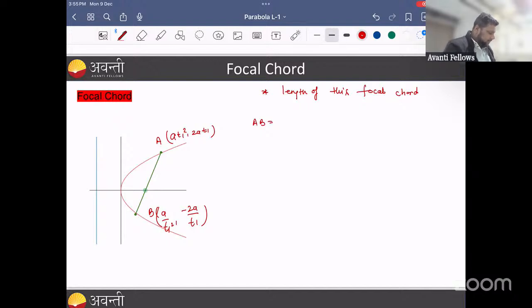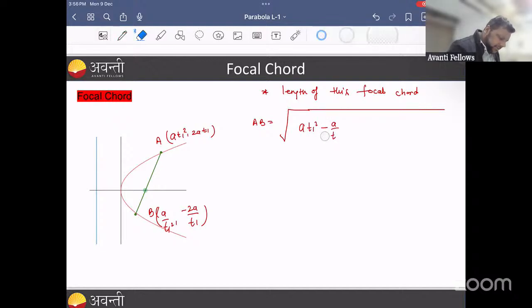AB is under root of (a t1 square minus a upon t1 square) whole square plus (2a t1 plus 2a by t1) whole square.